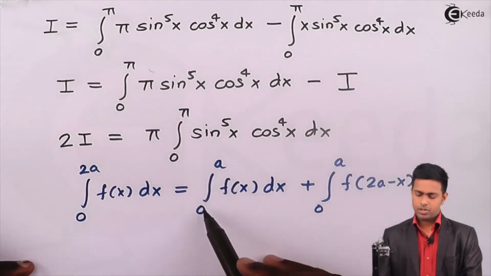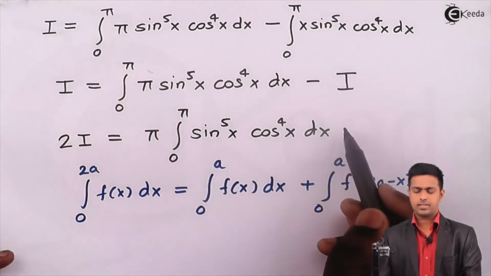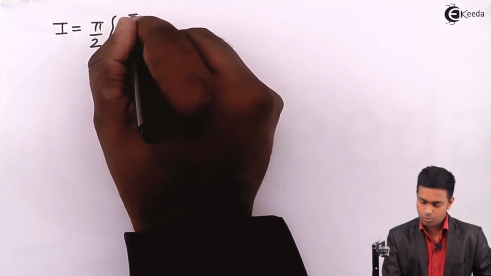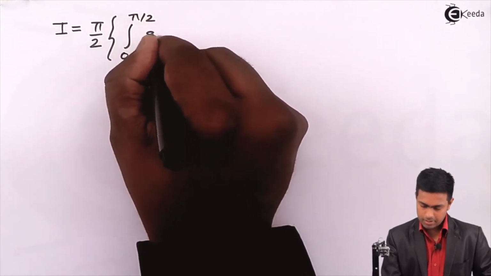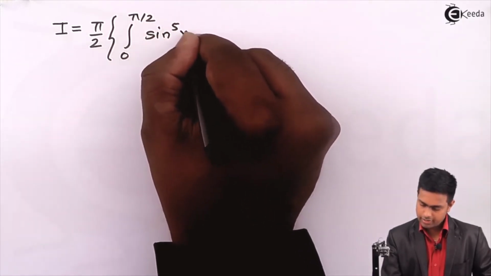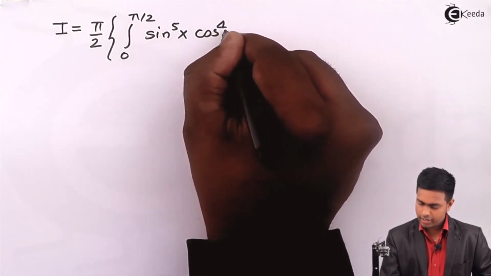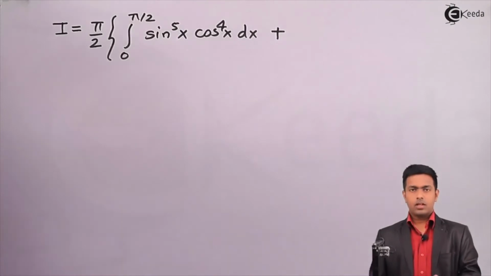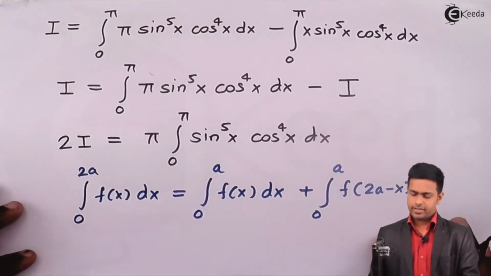So this will become 0 to pi by 2, and f of x is this function. So here I'll say integration from 0 to pi upon 2 sine raised to 5x cos raised to 4x dx plus, now let's see the second integration.